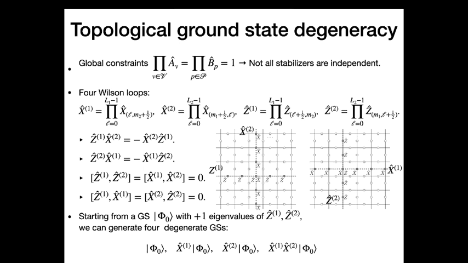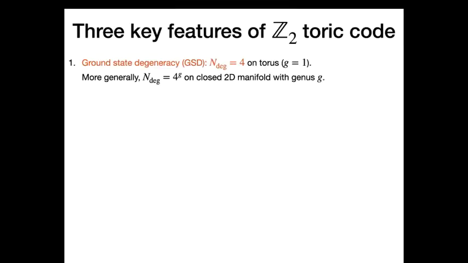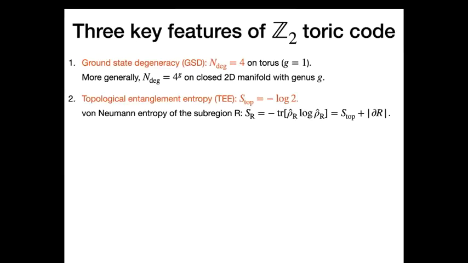Suppose that it has eigenvalue +1 for this Wilson loop operator. Then using this commutation relation, you realize that you can construct the full degenerate ground state this way. So in this model, you have 4 ground states. You don't have any symmetry breaking, but we have stable degeneracy.